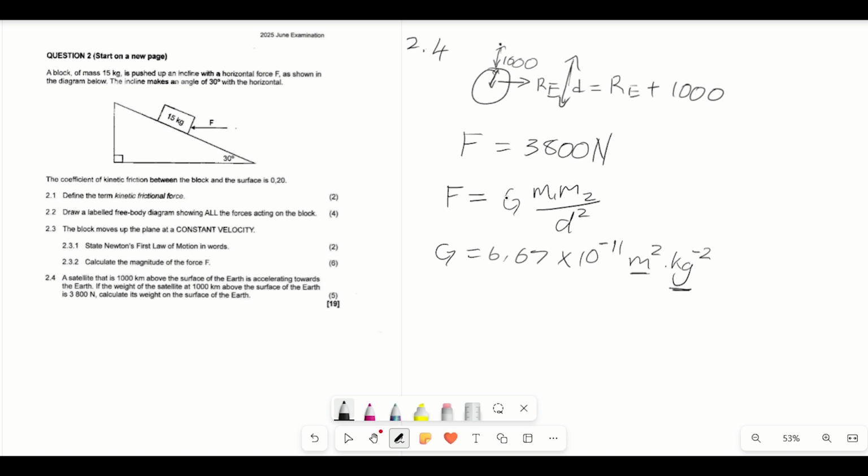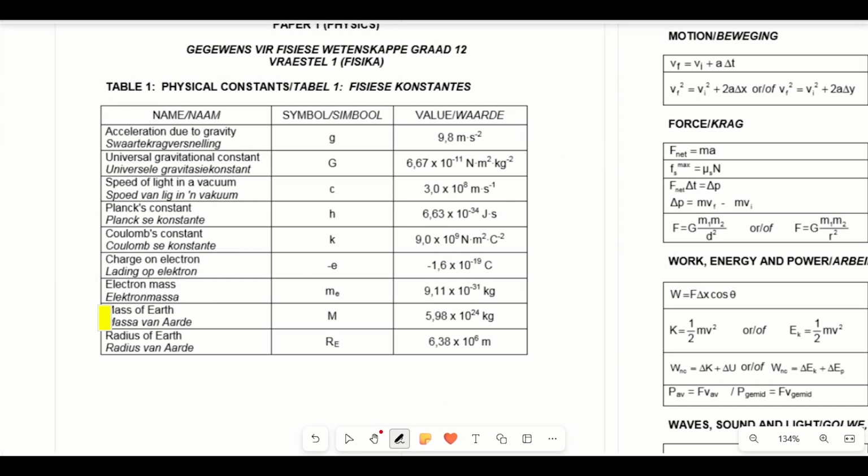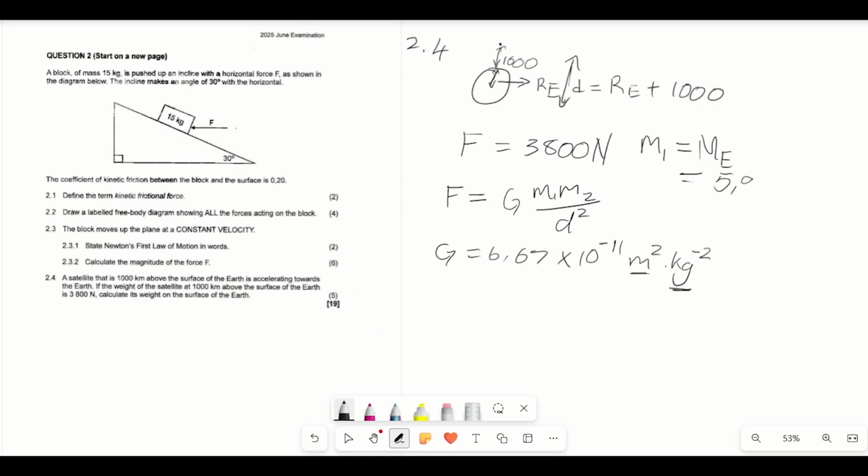So we have the constant for G, the value of F. M1, we'll say is the mass of the earth. So ME, that's also given to us with our constants, which is 5,98 times 10 to the 24 kilograms.